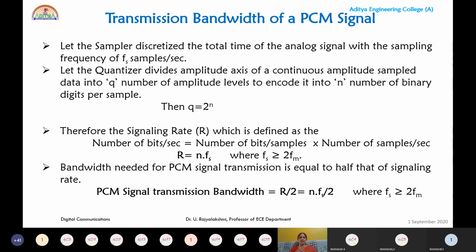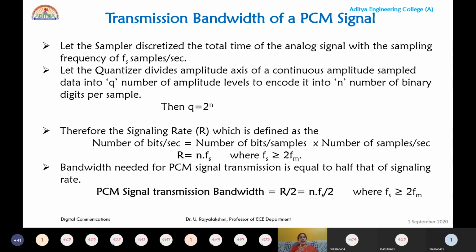Signaling rate R is the product of the number of bits per sample and the sampling frequency. What is n here? The number of bits per sample. What is Fs? The number of samples per second, which is nothing but the sampling frequency or sampling rate. So this is about the signaling rate.